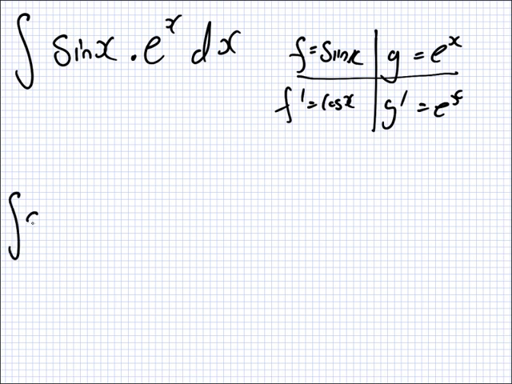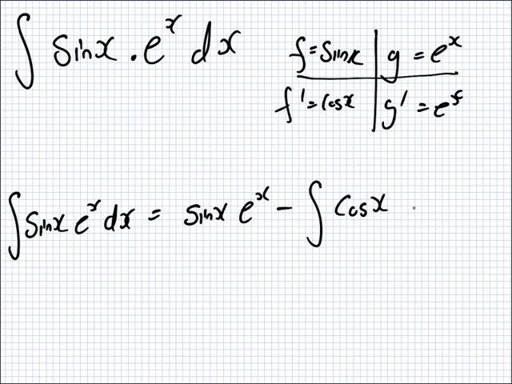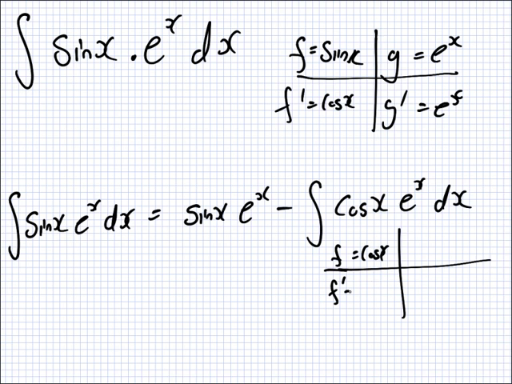So integrating sine x e^x dx equals F G minus integrate F derivative, which is cos x e^x. And you think, oh, okay, no problem, I'll just use my formula again. So F is cos x and its derivative is minus sine x. And again, what's nice here? e^x.